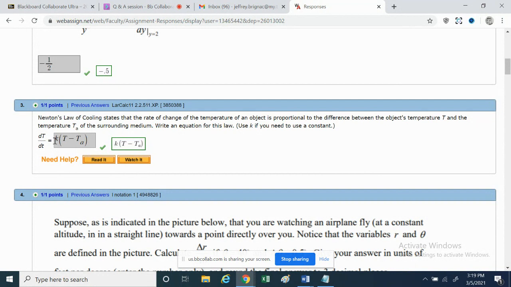And just think, without getting too much math involved, think about it like this. Back to the hot pan and the sink of water. Is the temperature of the pan going to change the fastest when it's way different than the temperature of the water, or more similar? Which of those two scenarios is going to cause the temperature of the pan to change the fastest?